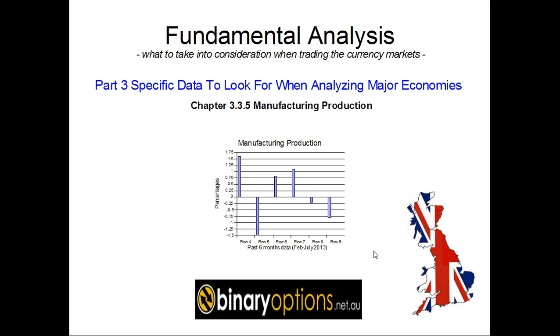Looking at the six months' worth of data we have for the manufacturing production, on the horizontal you have February till July 2013, and on the vertical we have the percentage change on a monthly basis. In February we have values between 1.5 and 1.75%, something like 1.6 I would say. In March, to the negative side, minus 1.5.